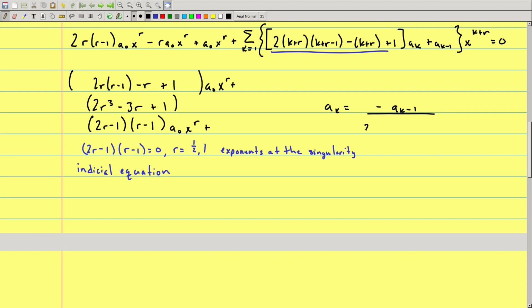Now, we're going to want to do some multiplication of this denominator here to give us an easier expression, but we'll do that on the next page.